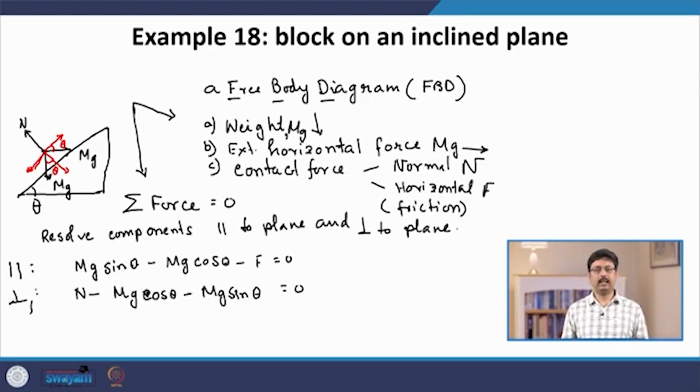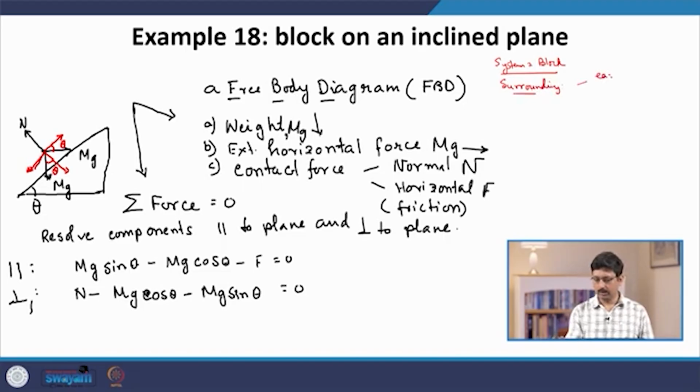So, how do we analyze? Let us analyze this situation using the free body diagram method. We are going to take the block as our system. There are three forces from the surroundings.